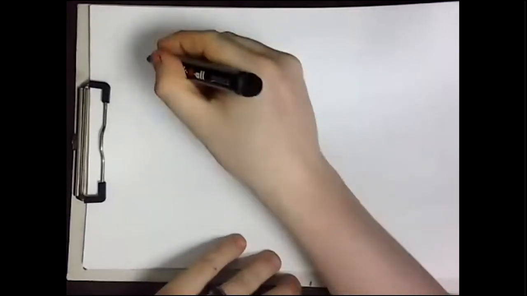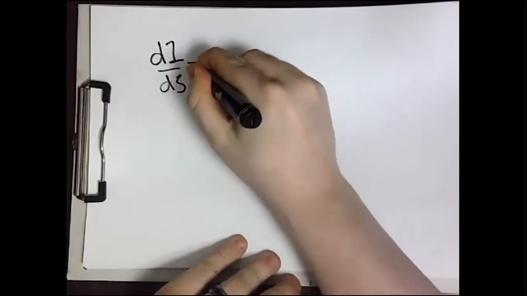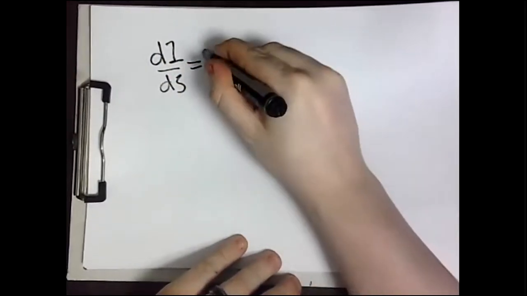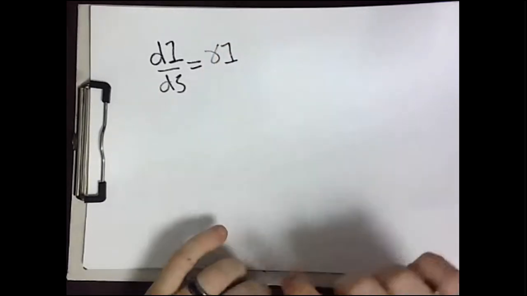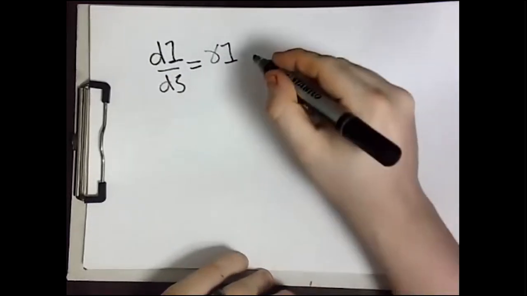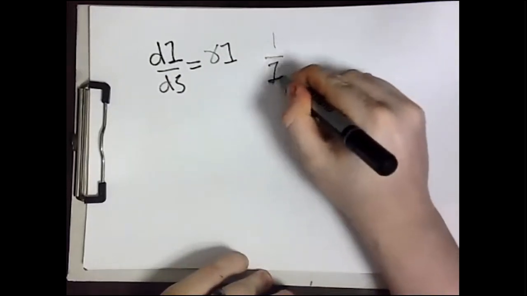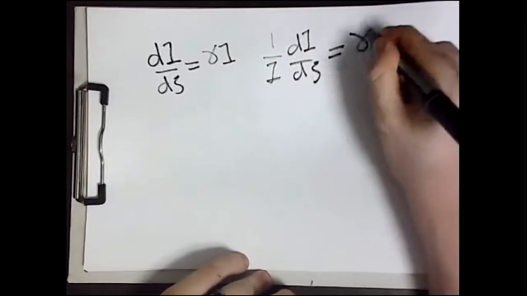So let's start with the general equation: dI by dz equals gamma times I. That means that 1 over I dI by dz is equal to gamma.